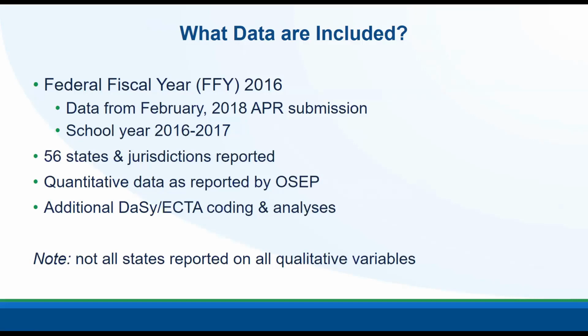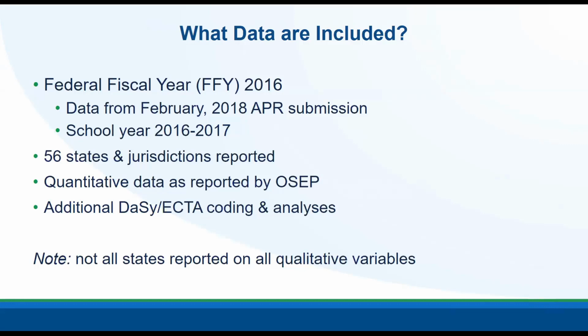The 50 states are included, along with DC and the territories and jurisdictions, for a total of 56. We'll use the term states throughout the webinar to include states, territories, and jurisdictions. All 56 states submitted Part C Indicator 4 data that was approved by OSEP. The numeric performance data were exported from the online grads system, and these data were provided to us by OSEP.